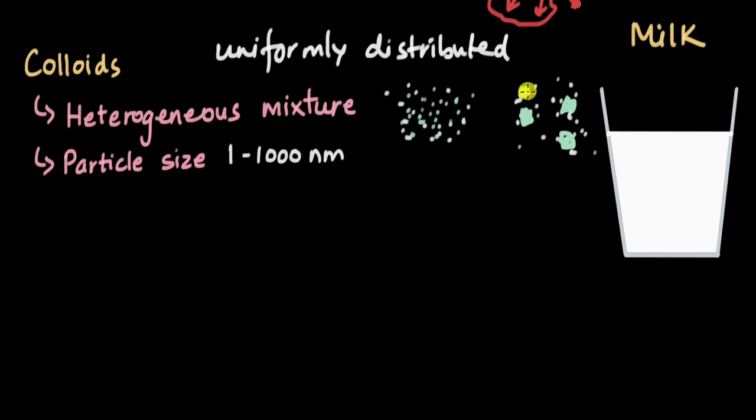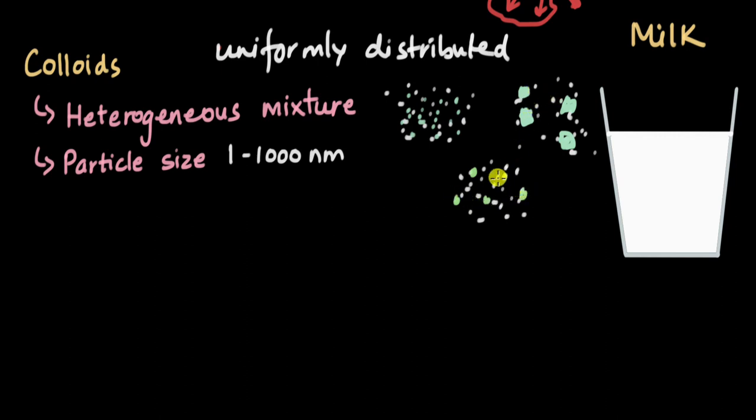So the particles are not as large as the particles in a suspension, but also not as small as the particles in a solution. In a colloid, if you have these water, something like this, solvent molecules or water molecules, then the particles are not individually taking up space in between these solvent molecules, but also they are not as large as the suspension particles.